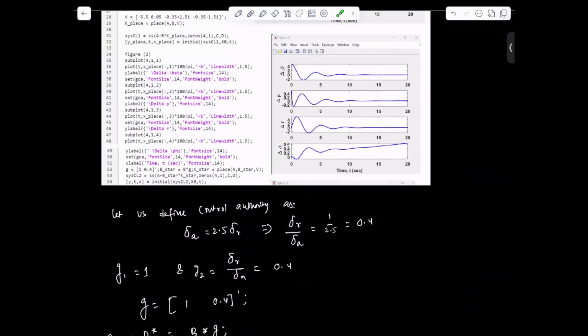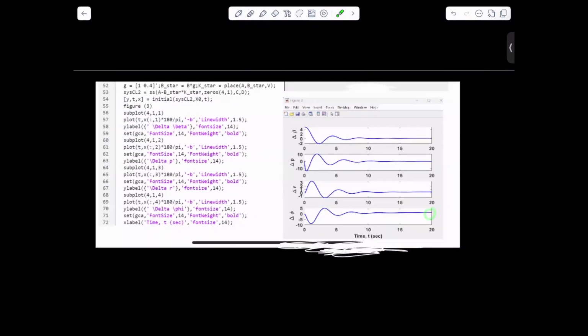And if you use the control authority function, what we have done here, using that, we can achieve our desired goal. So this is how we can design the handling quality. You can improve the handling qualities of the aircraft system. So it fulfills our objectives.